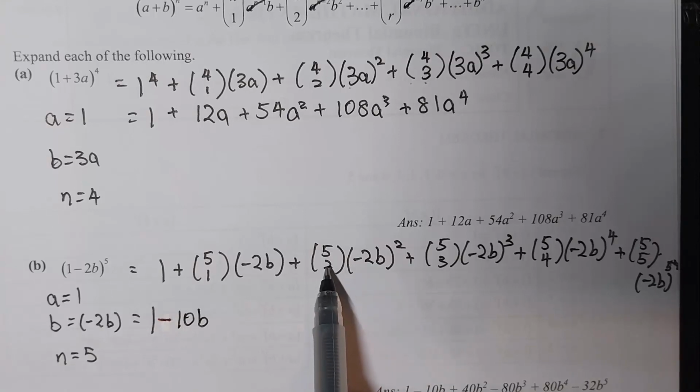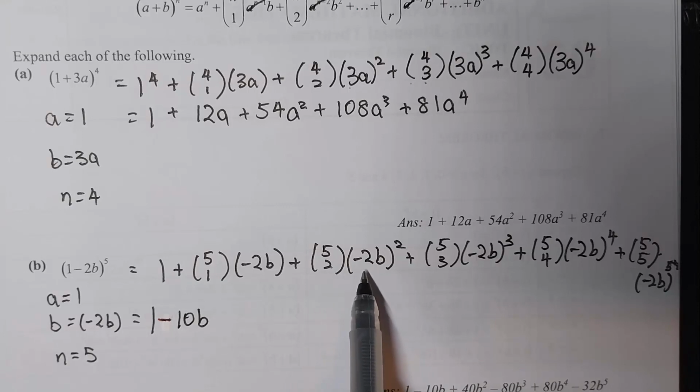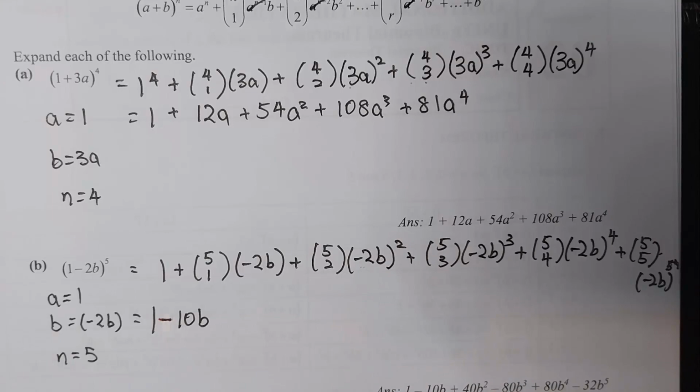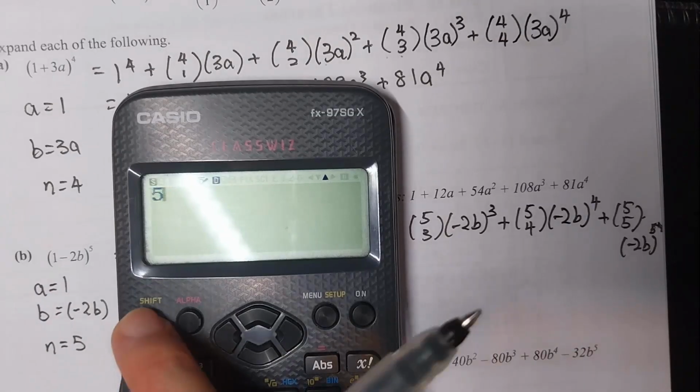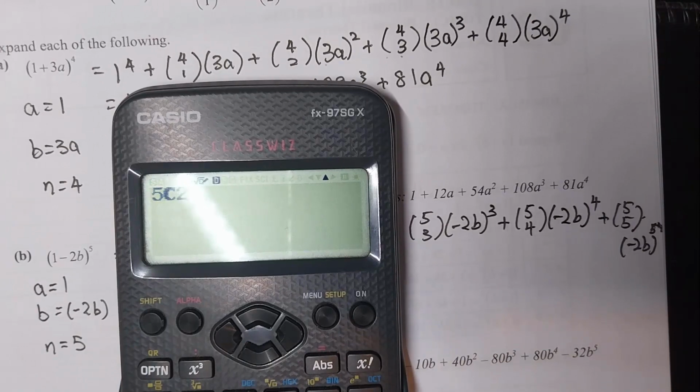Then here we will have 5 choose 2 times negative 2 square here. So let's recall, we will have 5 choose 2 multiplied by negative 2 square. That will give us 40.